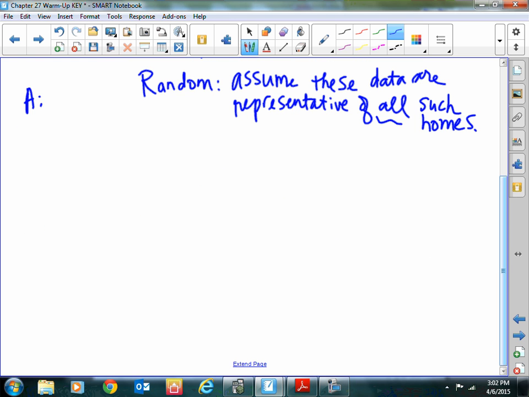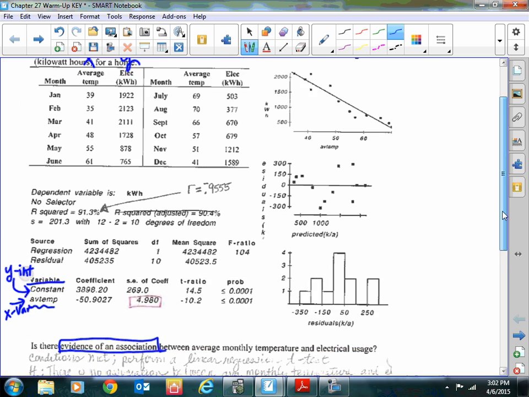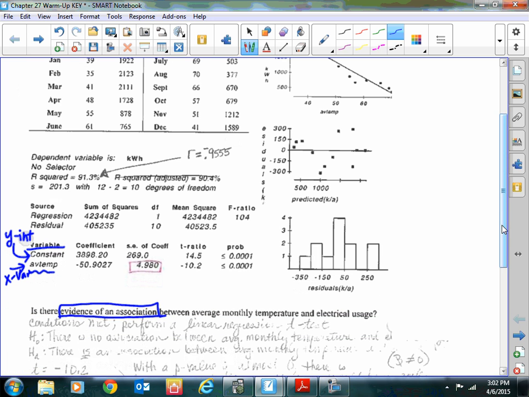All right, the next, the L, is linearity. That is the first step towards seeing that we have a linear model, and that means I need to tell the R value and then define it. So I'm going to look at the data here. I see that R squared, do not use R squared adjusted, R squared is 91.3%.